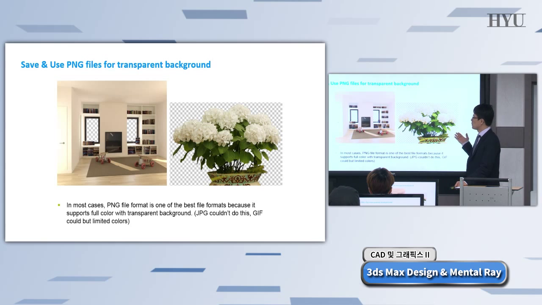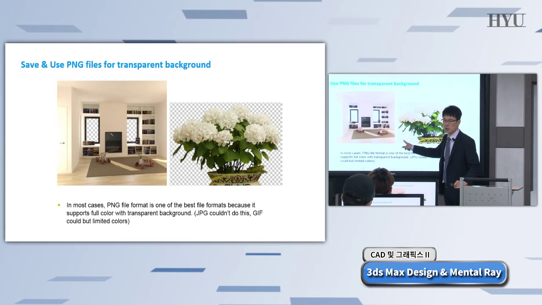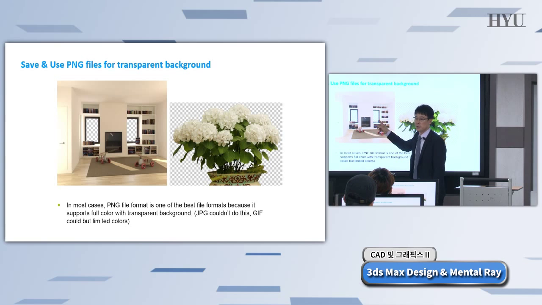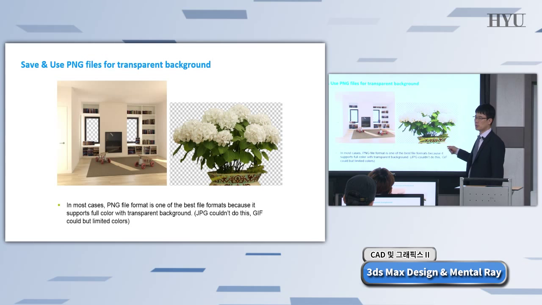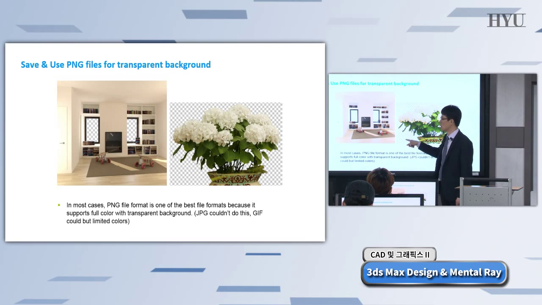But the problem with JPG is there is no way to make this, you know what this is? The rectangle shape, gray and white pattern means transparent, a void background, void color. Take a look at the windows. The windows are void. This kind of image can be created only in Photoshop or as a PNG file. If you make this kind of background-cut image and save it in PNG, it can be used as a source of texture map.